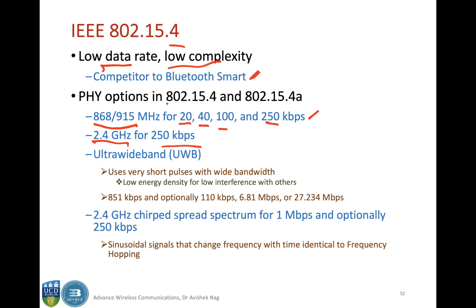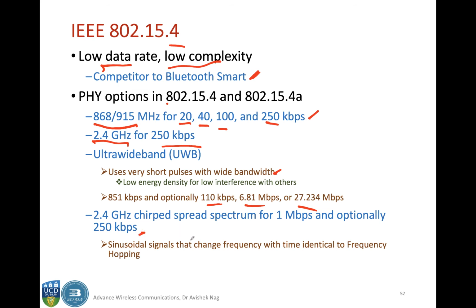This uses very short pulses with wide bandwidth, and you can have 851 kbps and optionally other speeds. Sometimes the 2.4 gigahertz chirped spread spectrum for 1 megabit per second is used, and optionally for 250 kbps also.